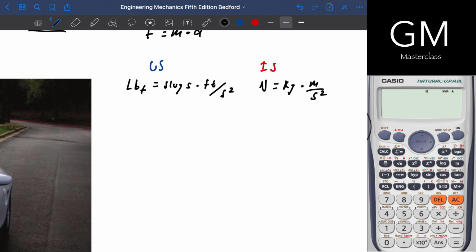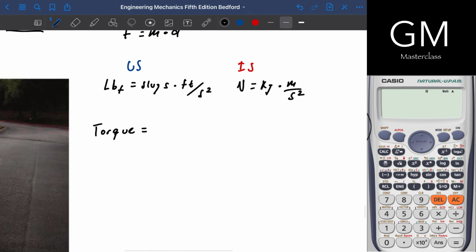there is another concept that we have to take into account, which is the torque. The torque is given by a force multiplied by a distance.